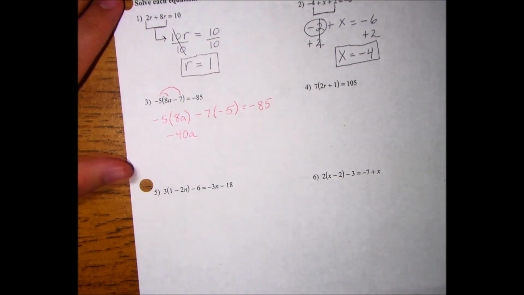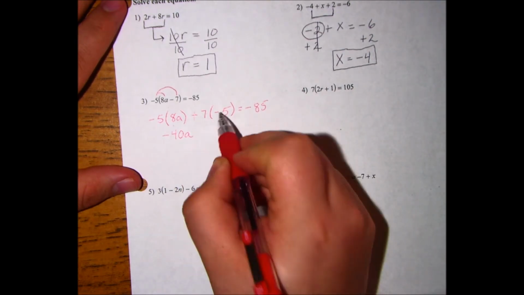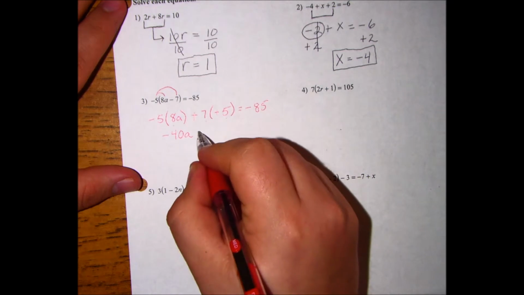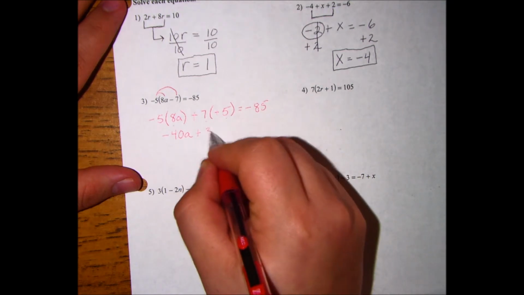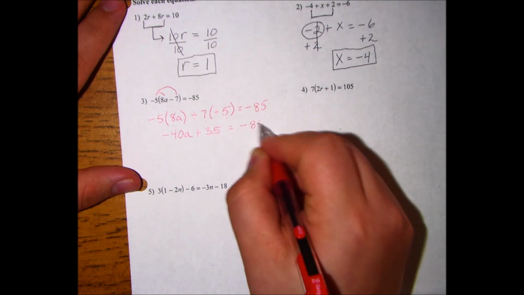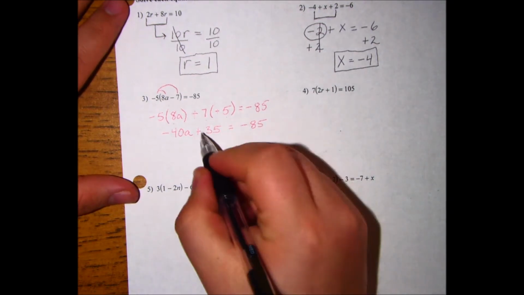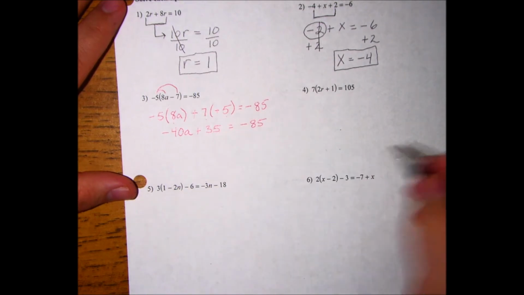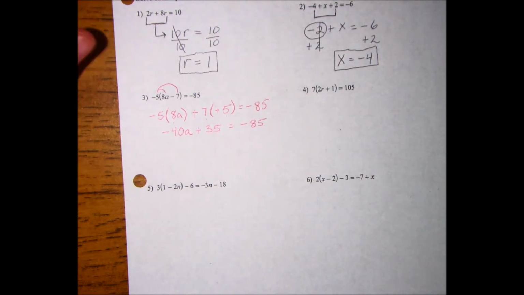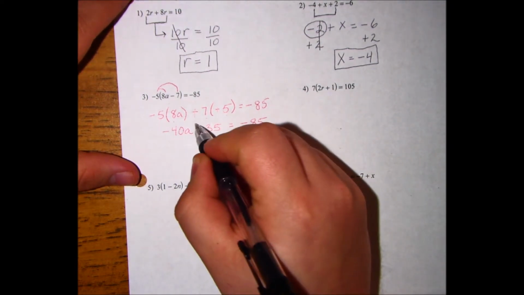Negative 40a. Now, when we have 2 negatives, they become positive. So 7 times 5 is 35. And we're just going to bring down our negative 85. Now from here, we're going to do our normal. First off, I want you to note we've got to get rid of what's most loosely attached, the easiest operation to get rid of.